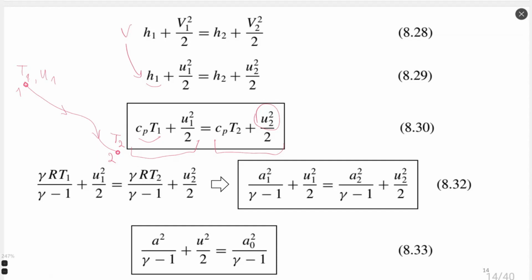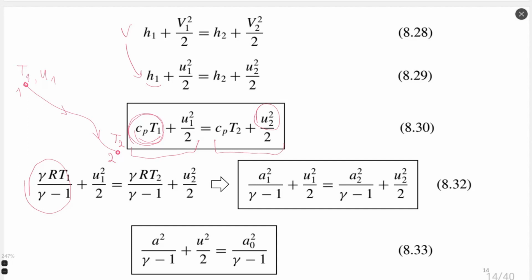For example, we can re-express product of CPT in other way, as CP is a function of gas constant and the adiabatic constant. You can see it here. This relation here. So they are equivalent.